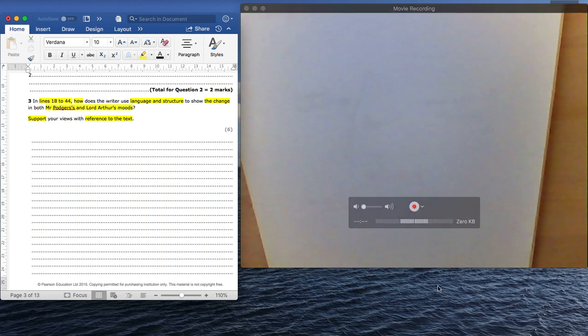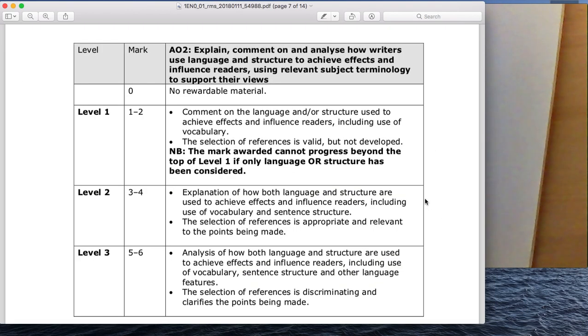Now I'm just going to pause for a second and focus you back on these words here. How does the writer use language and structure? It doesn't say language or structure, you need to comment on both. And you may be familiar with the mark scheme, so I'm just going to bring up the grid. This is a marking grid from one of the past papers, and you can see that for level 1 they put a section in bold saying that the mark awarded cannot progress beyond this point if only language or structure has been considered.